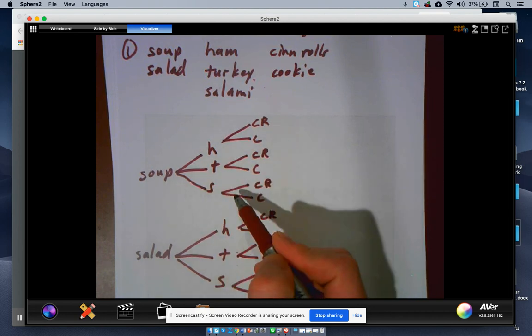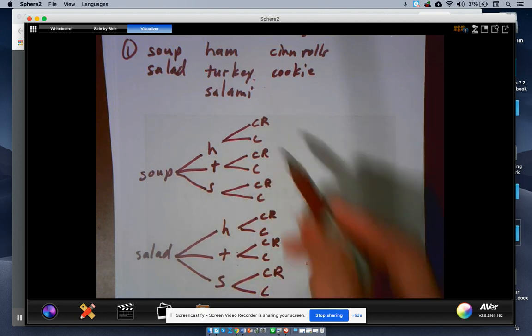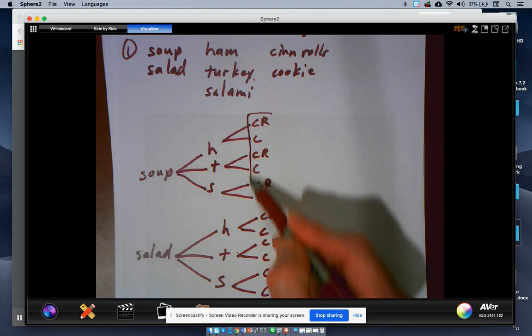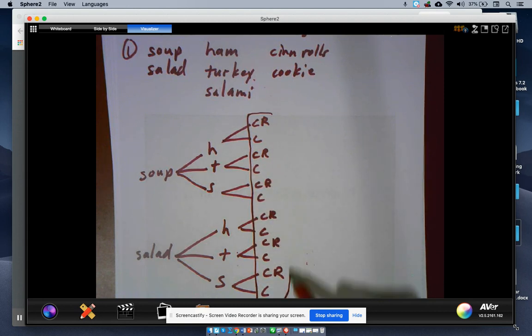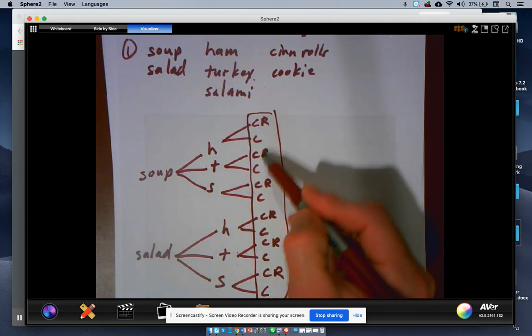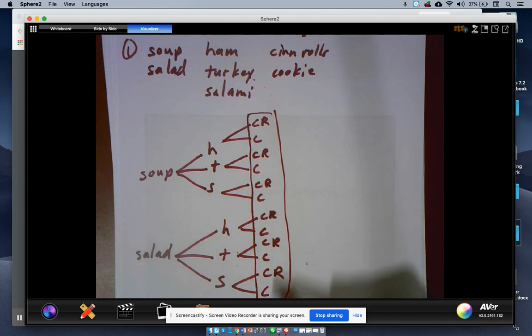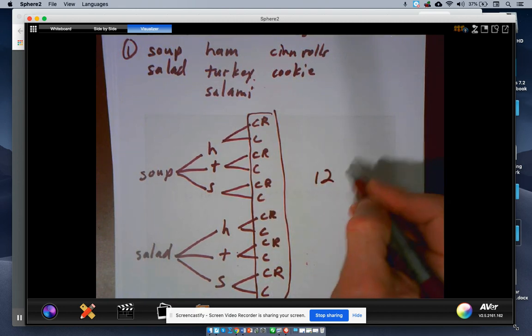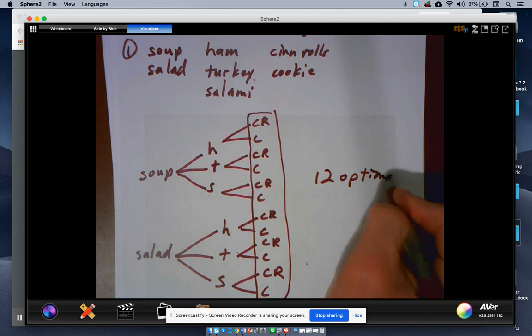I could go through all these options. And so what happens is I have the same number of options as this number of things written here. So I've got 1, 2, 3, 4, 5, 6, 7, 8, 9, 10, 11, 12. So there are 12 options for me to buy at Panera.